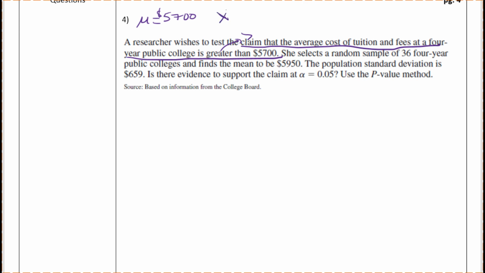The x bar is our sample average. She selects a sample of 36 4-year public colleges and finds the mean to be $5,950, so our x bar is our sample mean. The n is how many colleges, so 36. Standard deviation is $659. All right, so let's write out our hypothesis statements, H0 and HA.